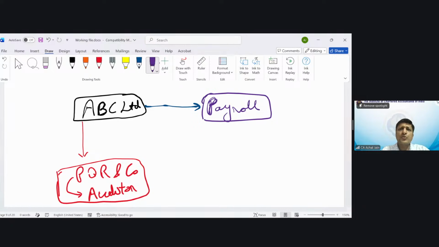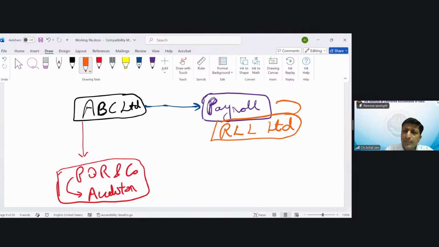Say it's outsourced to another entity. To whom is it outsourced? Let's suppose the entity to whom it's outsourced is, say, RLL Limited. So that's the company to whom this is outsourced.